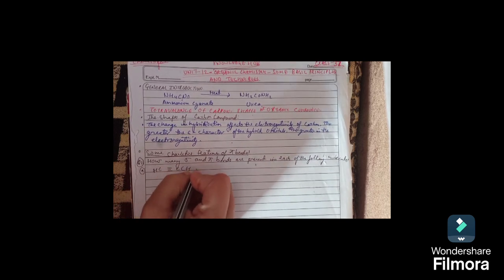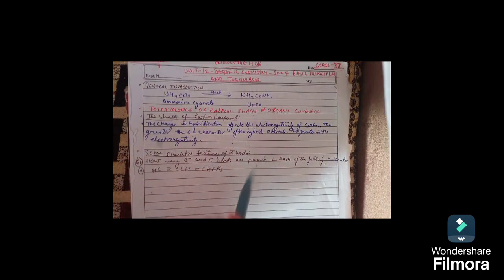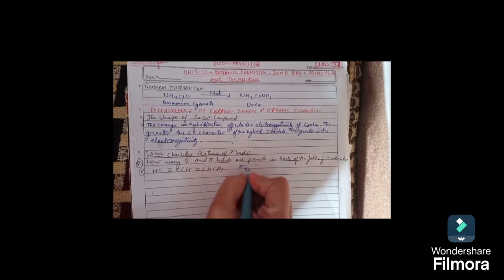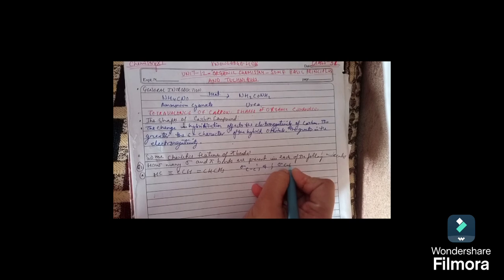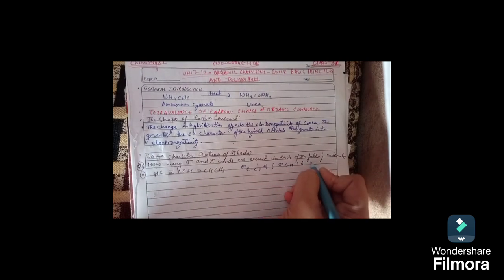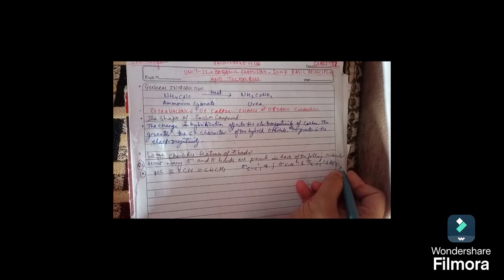The first one: sigma C-C bonds are 4, sigma C-H bonds are 6, pi bond in C double bond C is 1, and pi bonds in C triple bond C are 2.